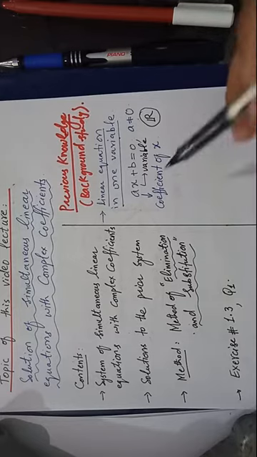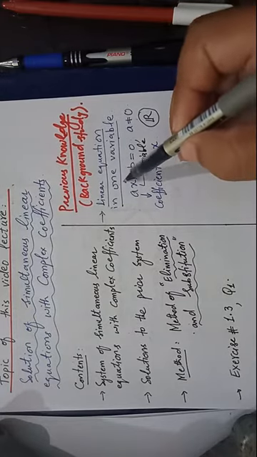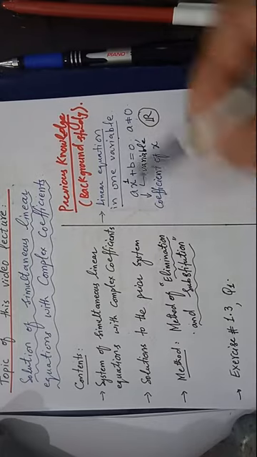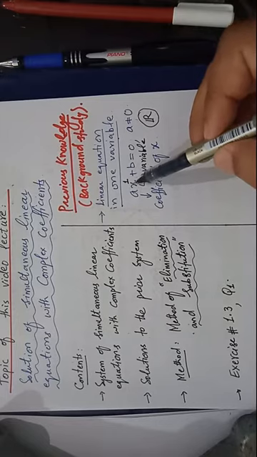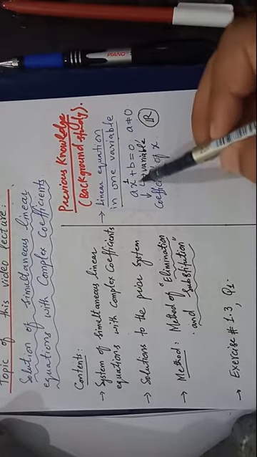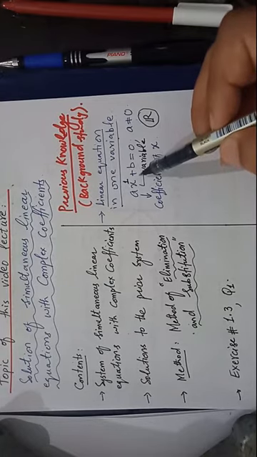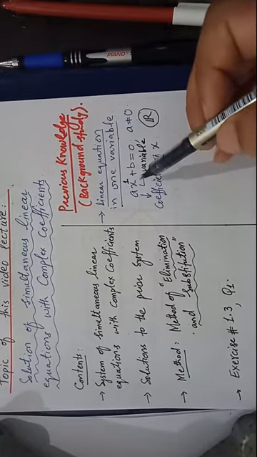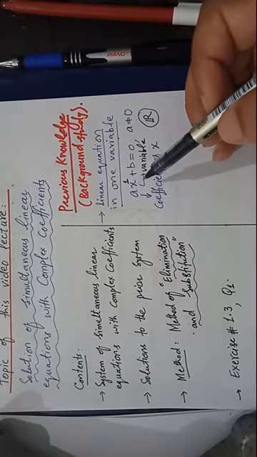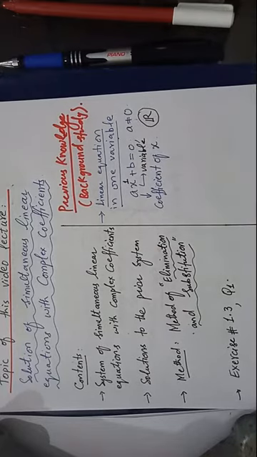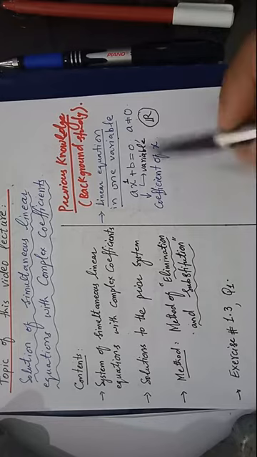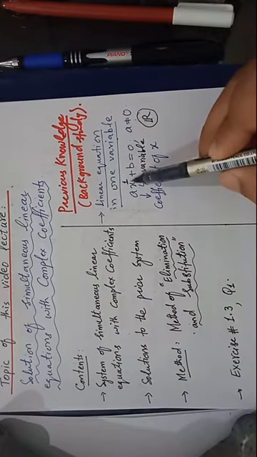Now an equation in which the highest power of the variable in all terms is 1, meaning there is no power greater than 1, such equations are called linear equations. You see that this is a linear equation because the highest power of the variable is 1.